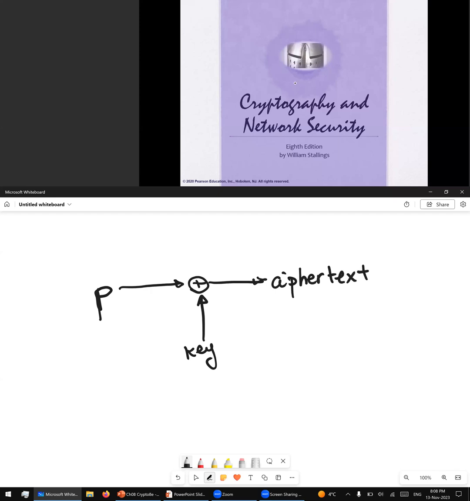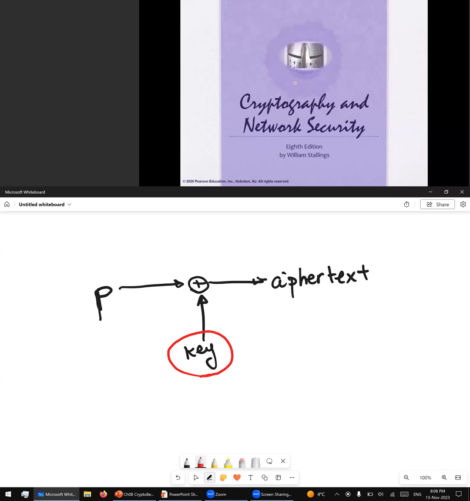So there's not much structure in here, in terms of operations. The only operation happening is the exclusive OR. However, there is one important piece here that plays a vital role in the security of a stream cipher, and that's this key over here.